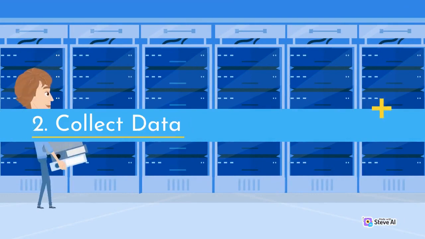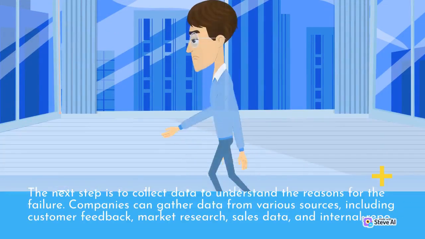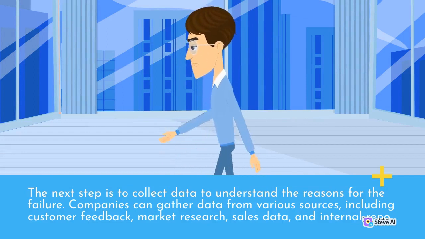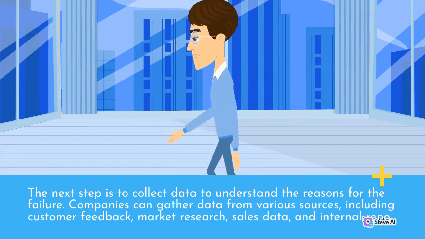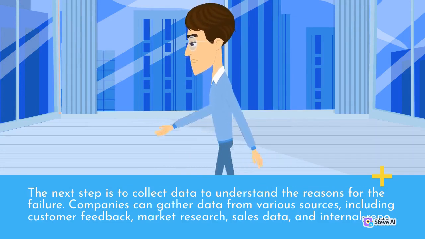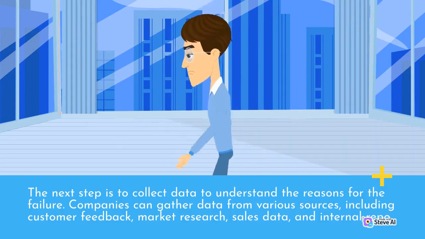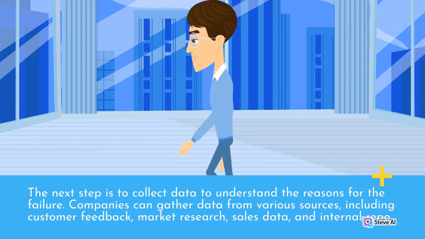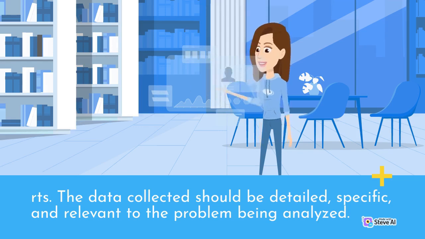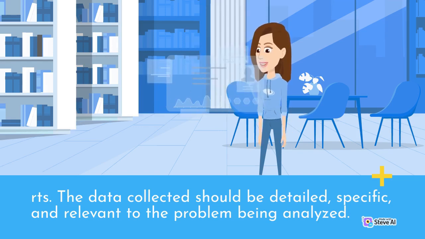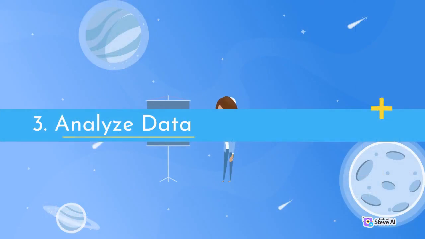2. Collect data. The next step is to collect data to understand the reasons for the failure. Companies can gather data from various sources, including customer feedback, market research, sales data, and internal reports. The data collected should be detailed, specific, and relevant to the problem being analyzed. 3.